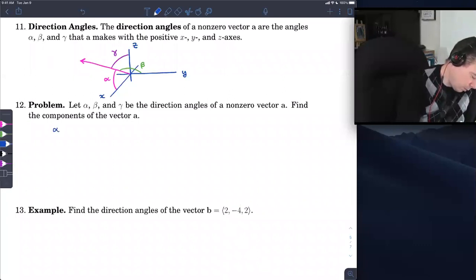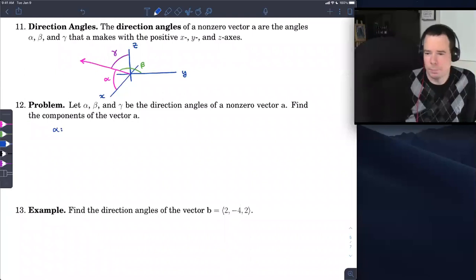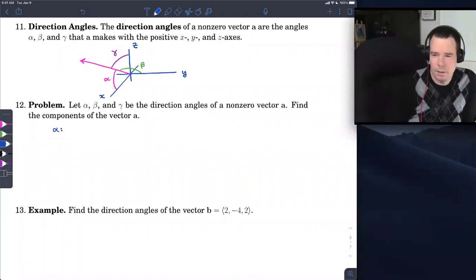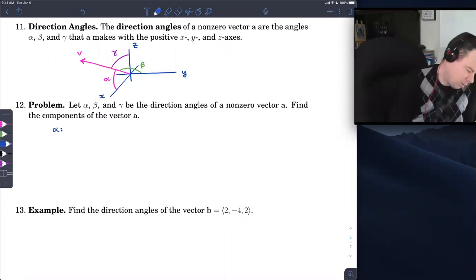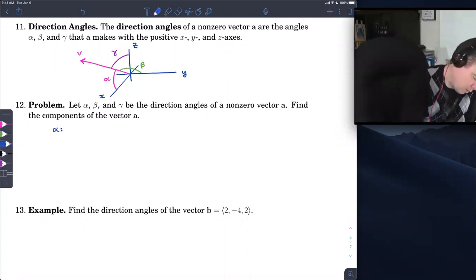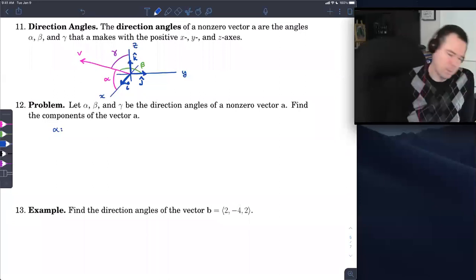So if I consider alpha, alpha is the angle that V makes with the positive x-axis. But instead of talking about positive x-axis, positive y-axis, positive z-axis, what I should instead be talking about is the vectors that are in those directions. So that's i hat, j hat, and k hat, those standard basis vectors we talked about before.